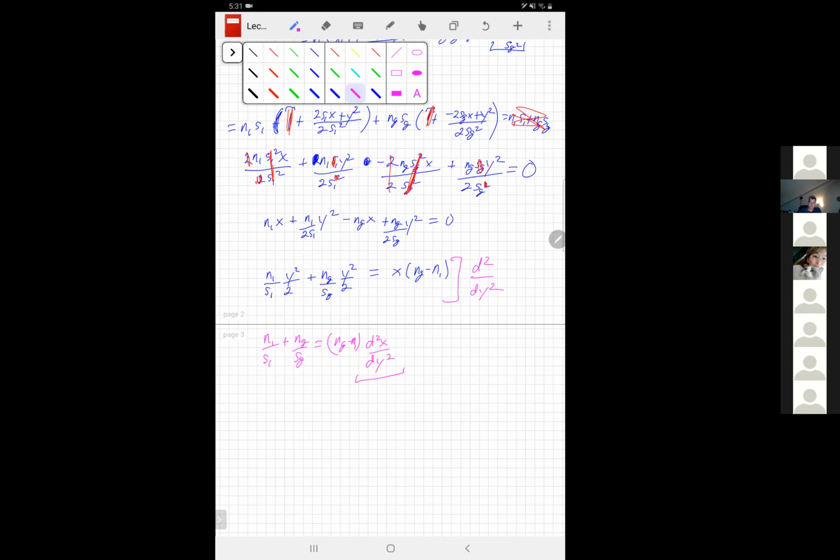Radius of curvature. Yep, it is the radius of curvature. Thank you. So it's NG minus N1 over R1. Okay, we've got something that looks kind of like the thin lens equation, except that instead of just 1 over s, we've got n over s. Any questions on this?